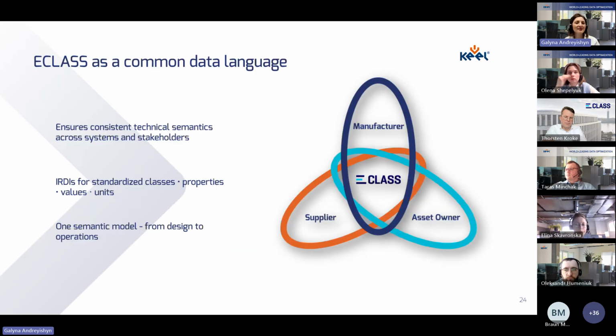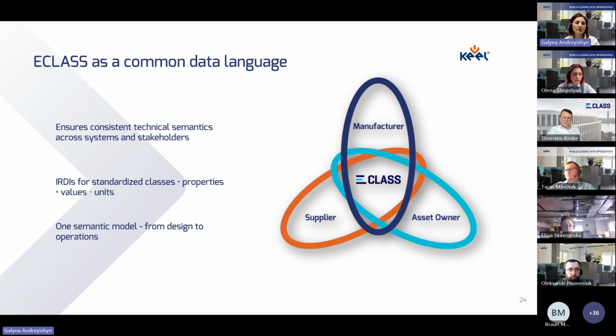Well, on the previous slide, we saw many well-known manufacturers. Several of them are already embedding ECLASS directly into their product datasheets. This means that technical properties, classifications, and identifiers are provided in a standardized format from the very beginning.